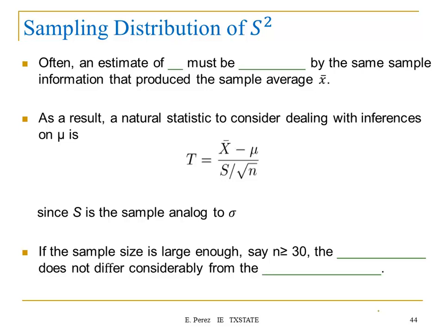So often an estimate of sigma must be supplied by the same sample information that produces the sample average. As a result, a natural statistic to consider for inference on mu is this t-statistic. Does this look familiar?